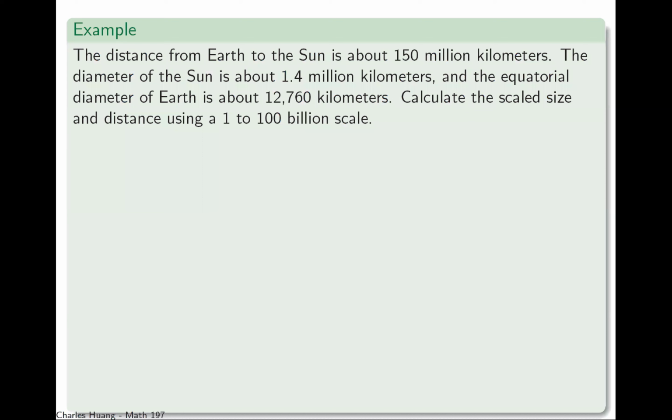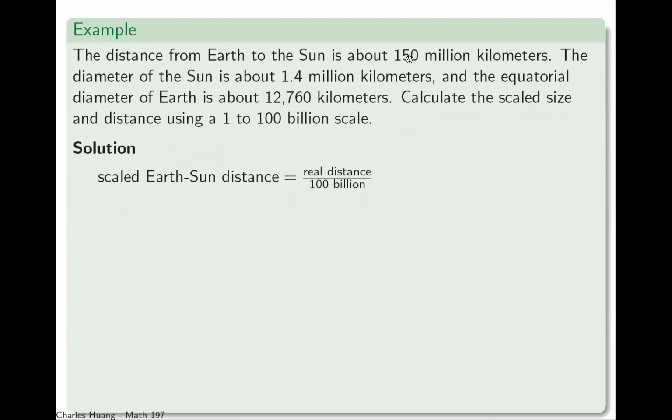So we can build a scale model of the solar system if we want. For example, if we're trying to build a model with a scale ratio of 1 to 1 billion, the real distance divided by 1 billion is what I'm going to draw on my map or build on my model.